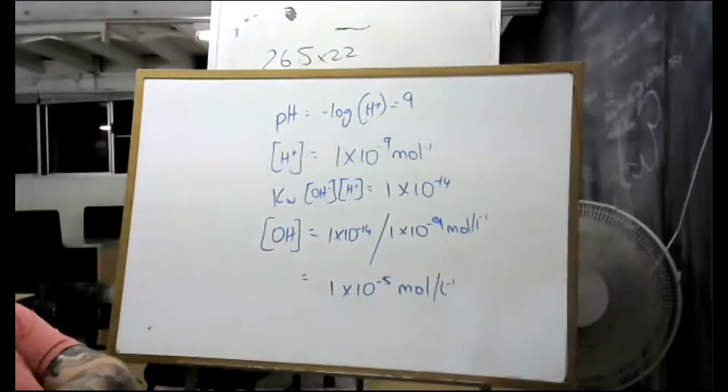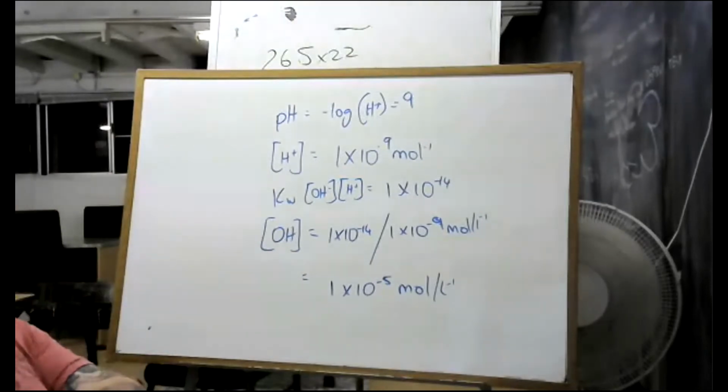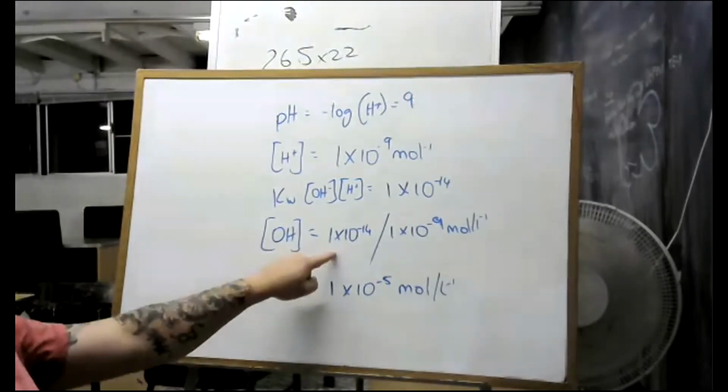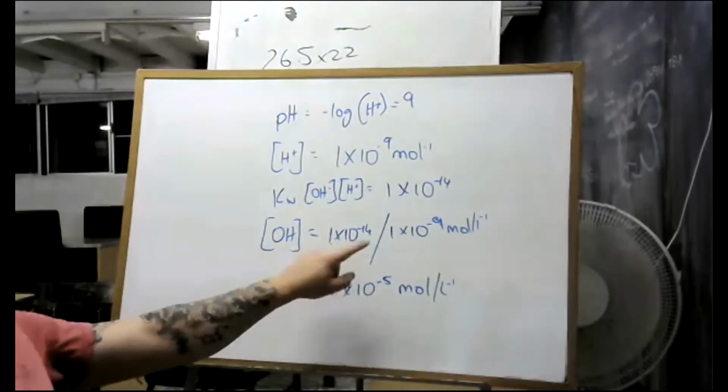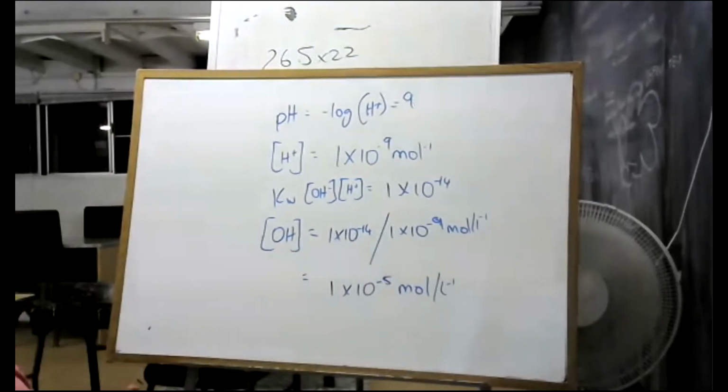So that would be our hydroxide ion concentration. Pretty simple to break this down. Ionic constant of water divided by the concentration of H plus gives us the OH minus concentration.